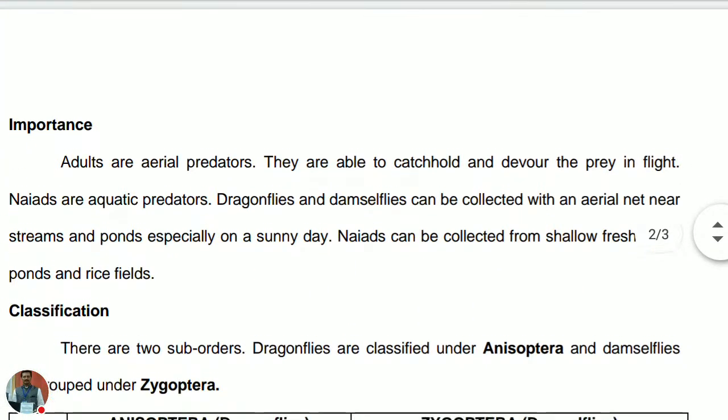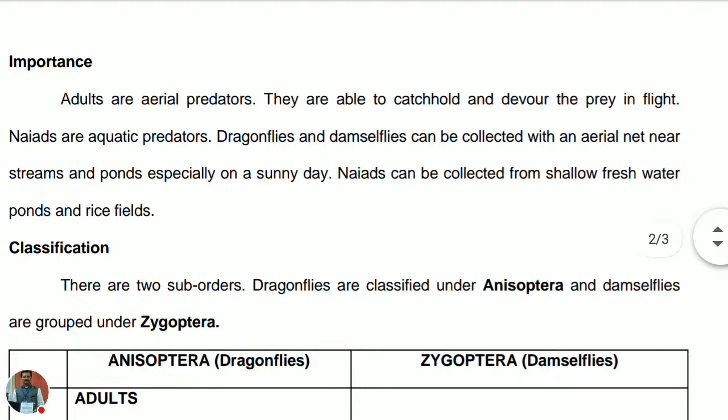Now the importance, you may say that these are the predators, so they are able to catch hold and devour the prey while they are flying. This we have discussed earlier. The naiads are aquatic, so these naiads are living in water and they are predating there. The dragonflies and damselflies can be collected with an aerial net near streams and ponds, especially on a sunny day.